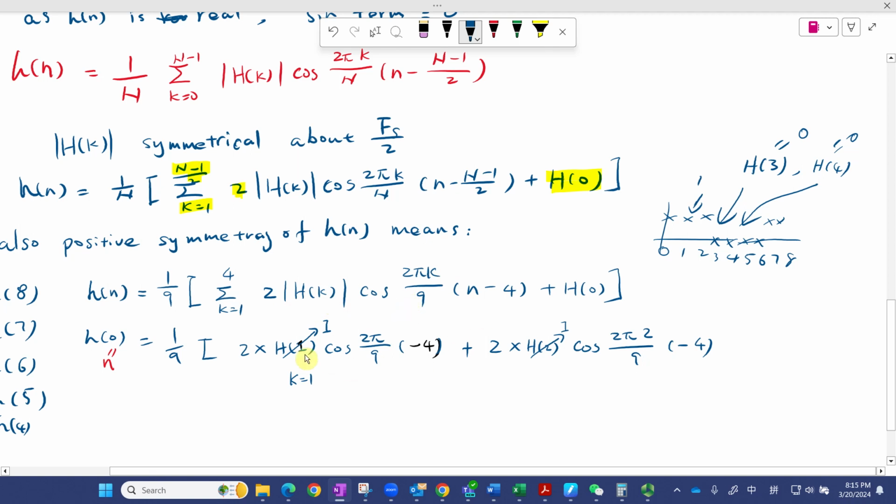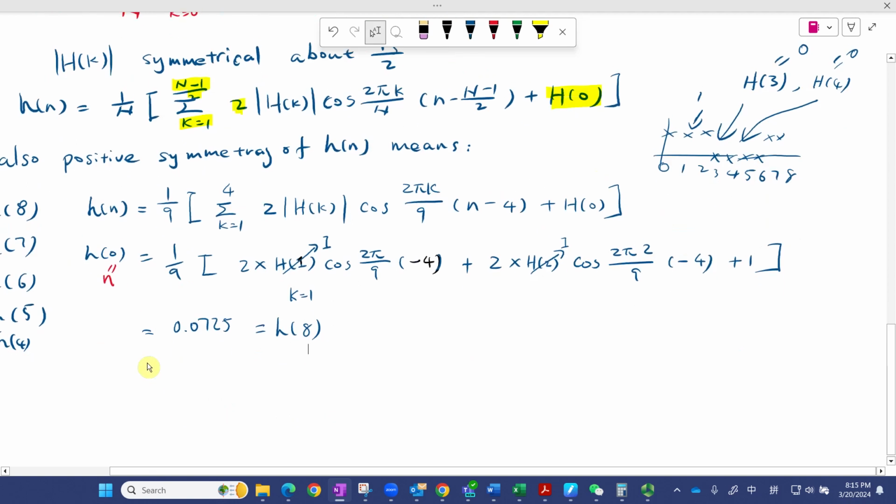So we only have H1, H2, and of course we got an H0 as well. So we're gonna plus a 1 here, right? So that's all for this first term. You plug those numbers in, use your calculator, then you will find this number equals 0.0725. This also equals h8, for the positive symmetry.